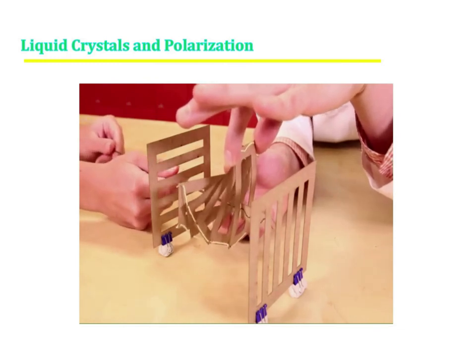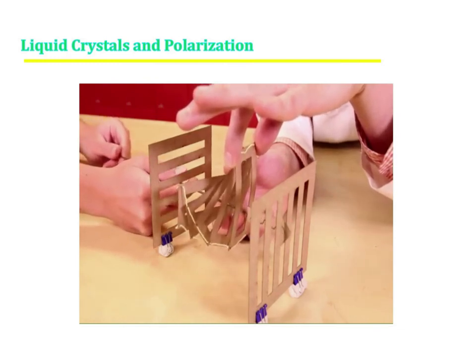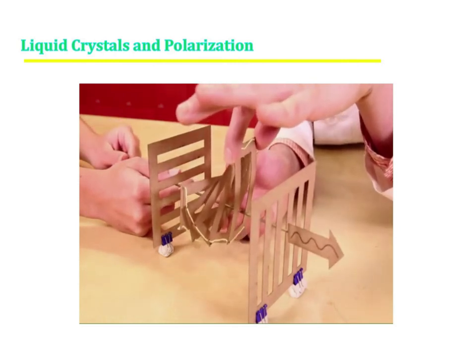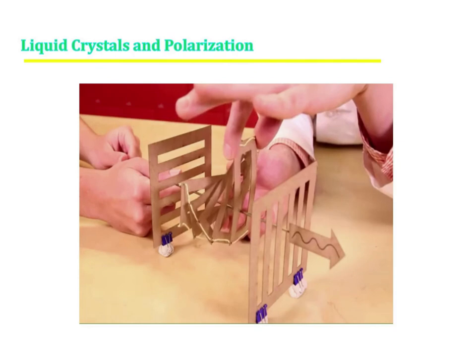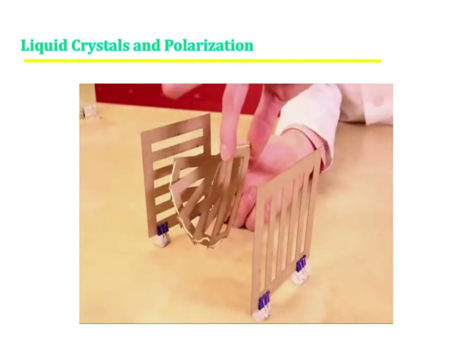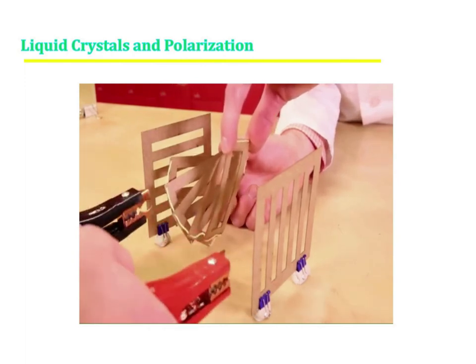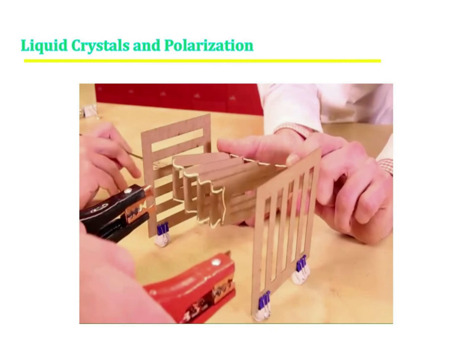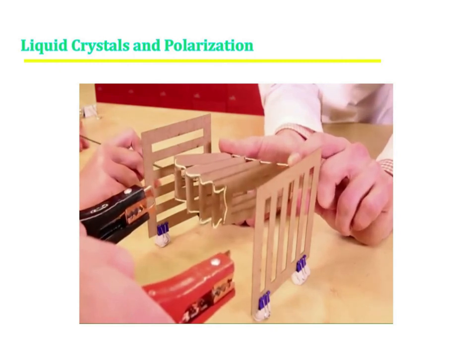In front of the liquid crystal is another polarizing filter that's offset by 90 degrees from the first filter. Because the light's polarization has been twisted, it has no problem passing through this filter. However, when we apply a voltage across the liquid crystal, the twisted nematic structure breaks up, essentially untwisting. Now, light passes through the first filter where it is polarized.